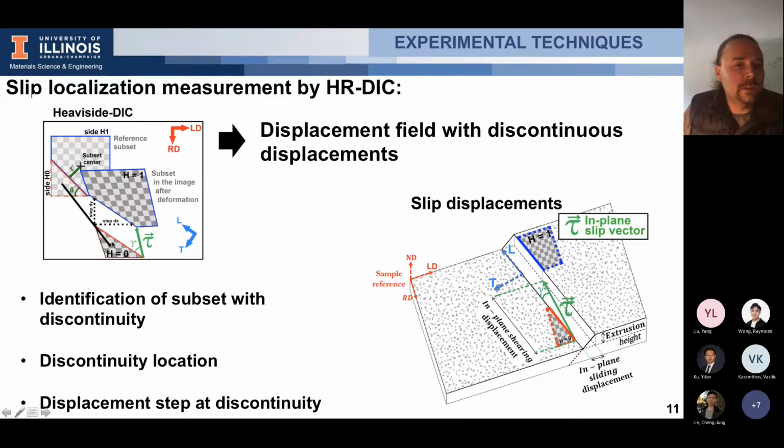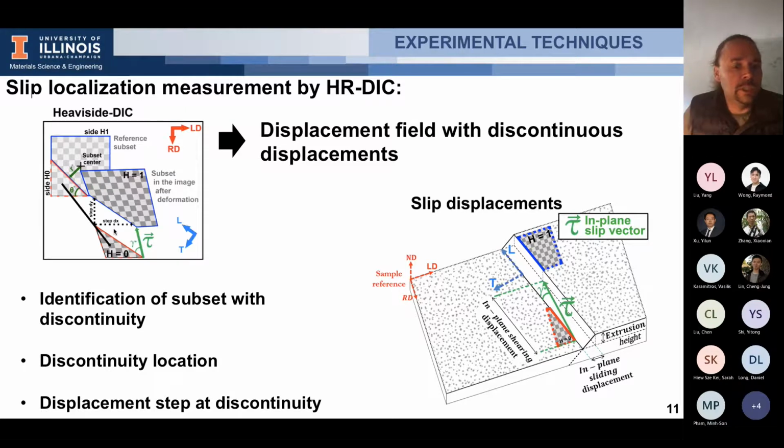By doing that, you can take into account discontinuity during DIC calculation. I don't want to detail this too much, but using this code, you can identify if you have a discontinuity inside the subset, the location of the discontinuity, and the amplitude of the discontinuity.